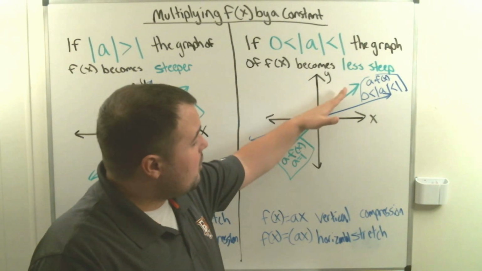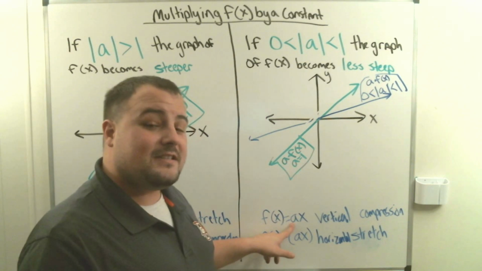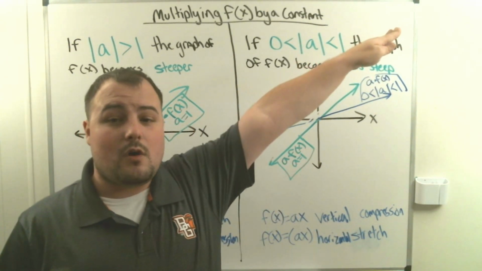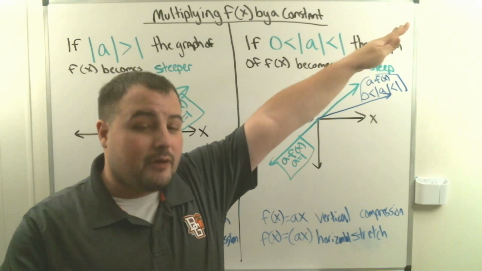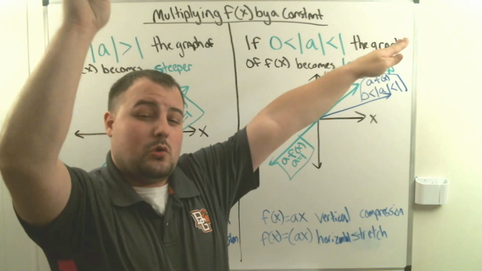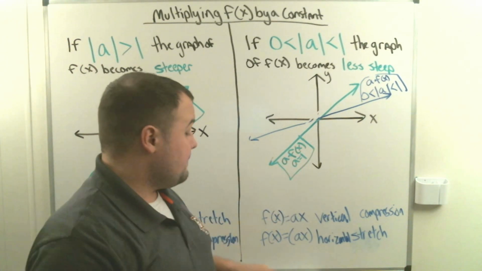So if we have a slope between 0 and 1, we're going to get closer to the x. So again, if it's outside parentheses, we call it a vertical compression. Compression means we're pushing away from the vertical axis. So we're pushing away from a line that's going straight up, so we're going to get closer to the x.